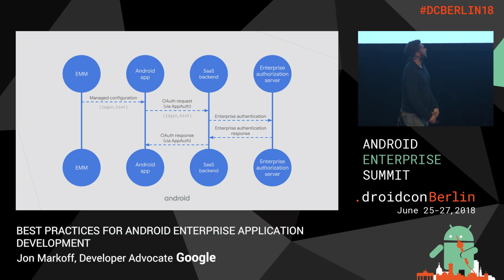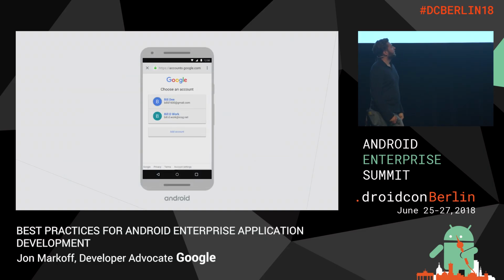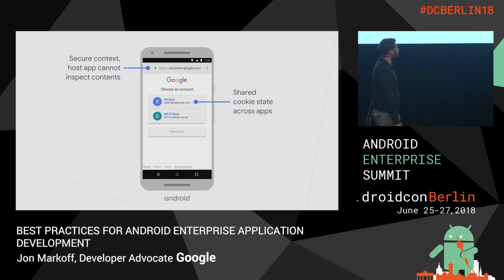The one thing that we didn't talk about yet was the fact that they're actually using a Chrome custom tab under the covers. We use Chrome custom tabs to make sure that, one, when the user's logging in, they can't modify the URL, so they can't go somewhere else. It's hosted in a secure context, so the app can't pull any data out of there, so they can't try to listen for your password or do anything nefarious.